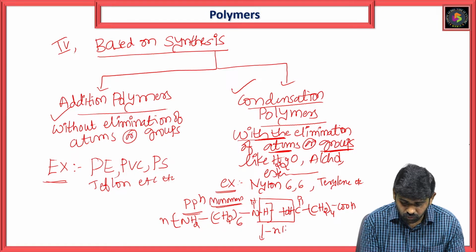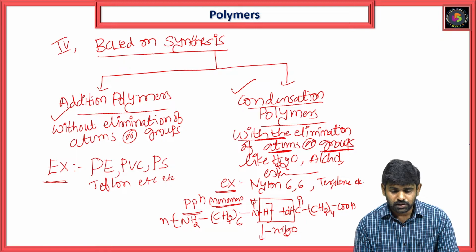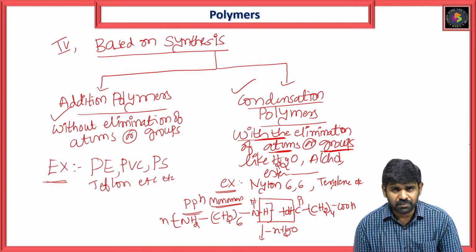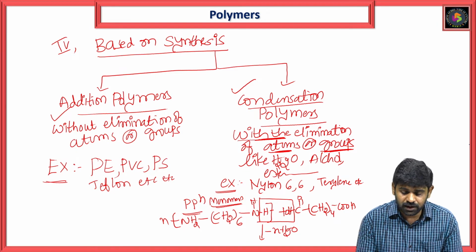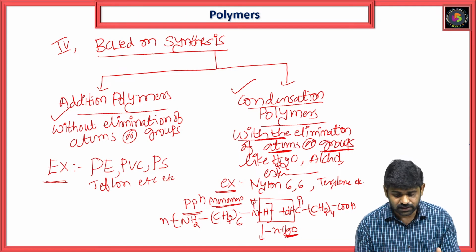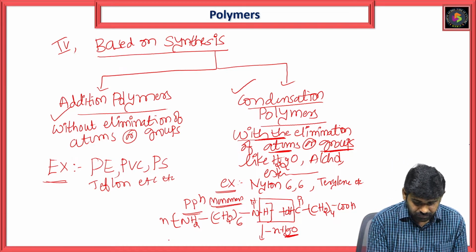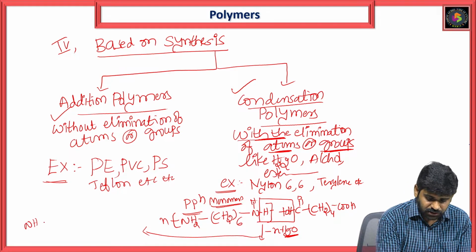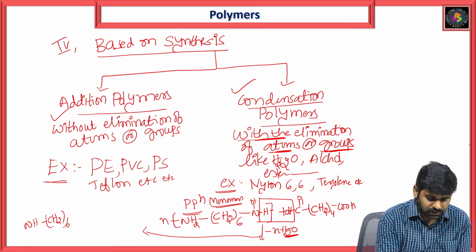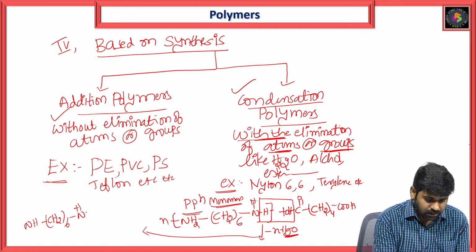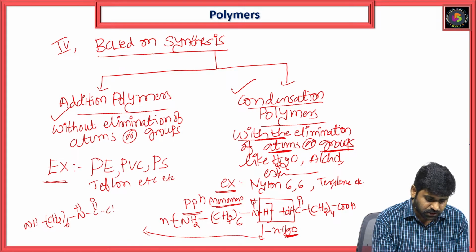Condensation polymers are formed by the polymerization of monomers with the elimination of atoms or groups like water, alcohol, etc. Here I am writing the final product: NH, CH2 taken 6, NH, loss of water, C double bond O, CH2 taken 4 and so on.